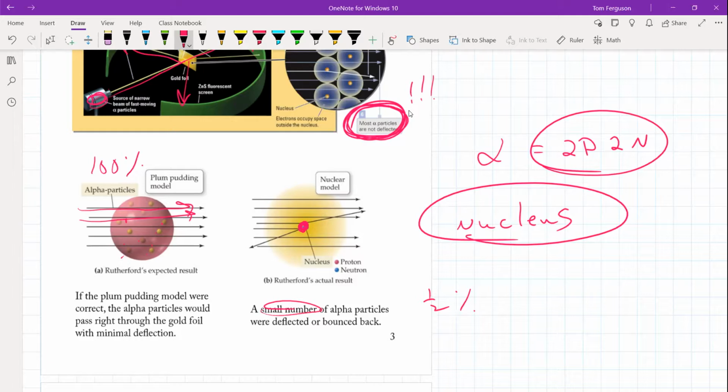And to make matters even wilder, positive protons repel each other, but they're all in the nucleus. And there's some nuclear forces called binding energy that keeps those protons from flying apart.